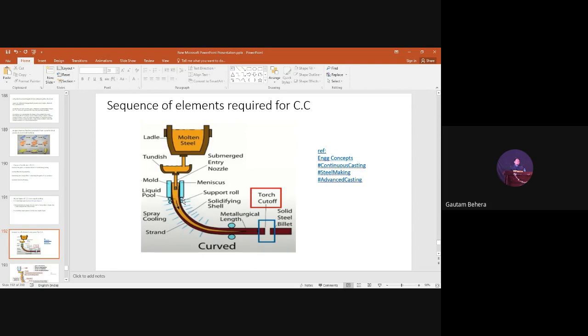Then we have these withdrawal rollers. They withdraw the steel which is just solidified from the mold. Then we have some bending unit and supporting rollers, because finally we want the steel which is going vertically to become horizontal.